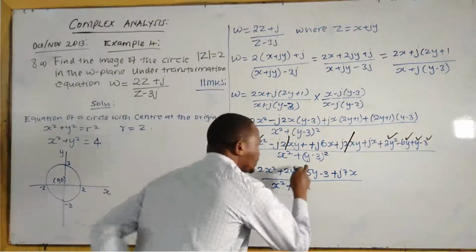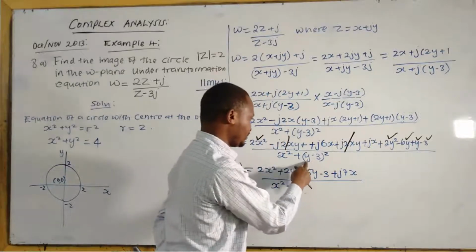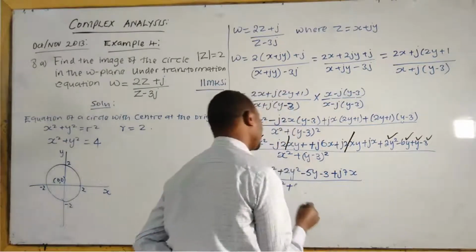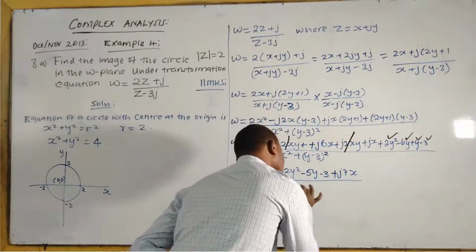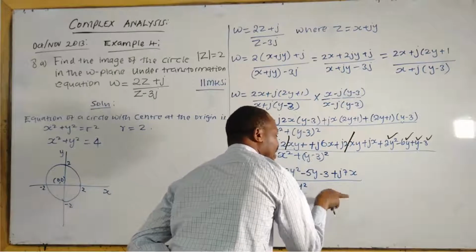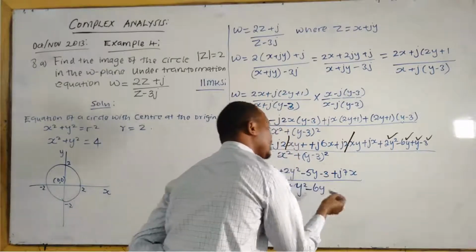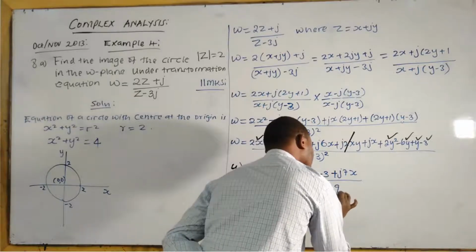We expand this one. For a problem like this, you should always learn to do them often. At this stage, you should do them often. This is y squared, y times 3, negative 3y times 2, negative 6y, 3 squared is positive 9.